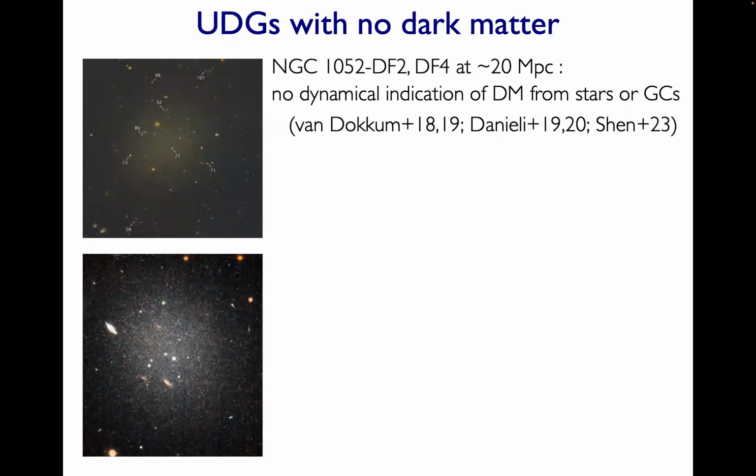You might have heard about the no dark matter galaxies, a couple of dwarfs we found that appear to have no dark matter, around a nearby galaxy group called NGC 1052: DF2 and DF4. Again, these were discovered accidentally because we were looking for things with lots of globular clusters. We thought they were likely to have lots of dark matter, and went out to measure the kinematics. It turned out to be the exact opposite.